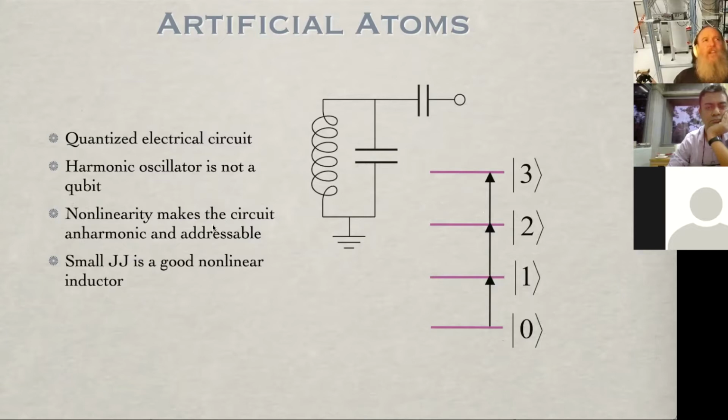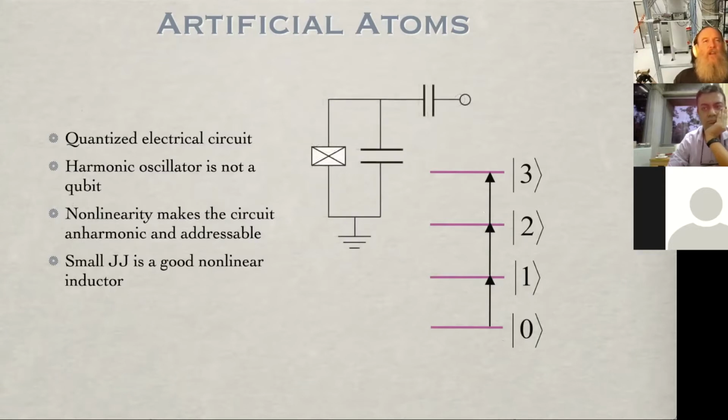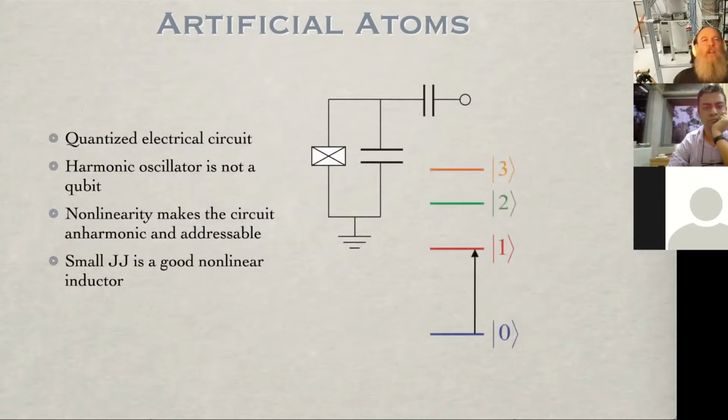To make it addressable or controllable, or to make it a qubit, we need to make the system nonlinear. The way that we do that in superconducting systems is to replace the linear inductor by a nonlinear inductor, which in detail is a Josephson junction, which I'll also introduce. When I do that, I get a new spectrum, which, if I can make the nonlinearity strong enough, makes this oscillator nonlinear at the single photon level.